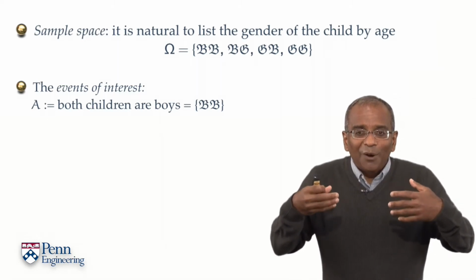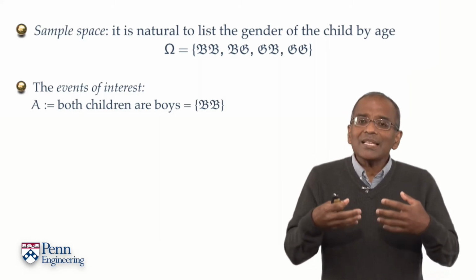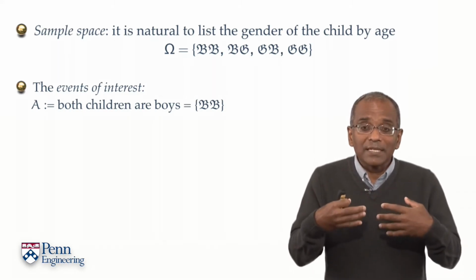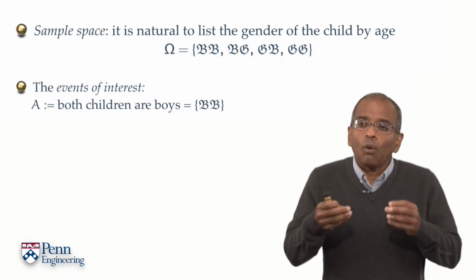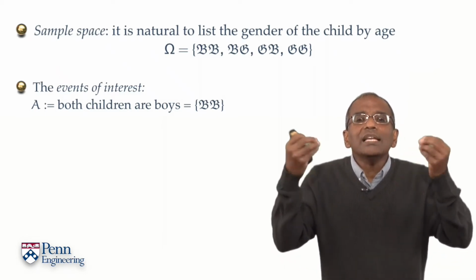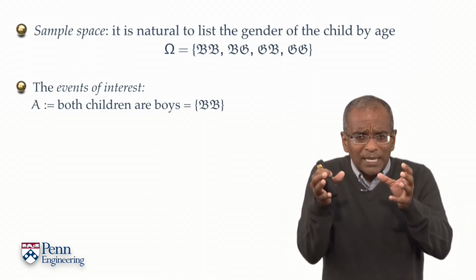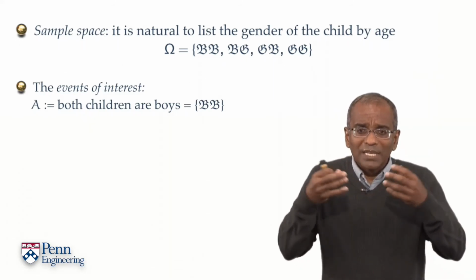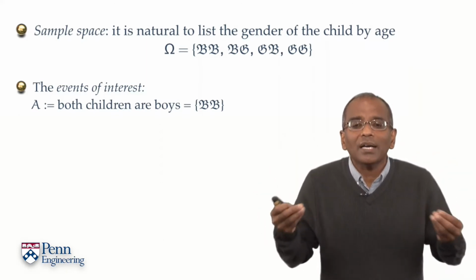Lurking in the background, and this is the information we're given about the problem, is another event, the event that there is a boy, or more accurately, there is at least one boy. Now, if you take a look at this in a hard, cold light, what this says is this excludes the possibility that both children are girls.